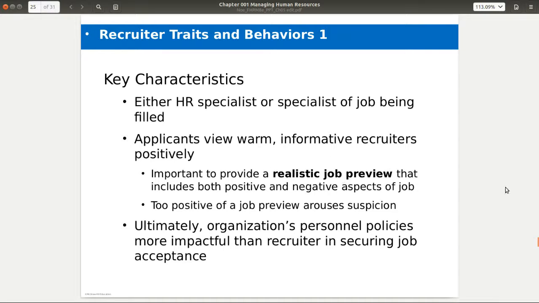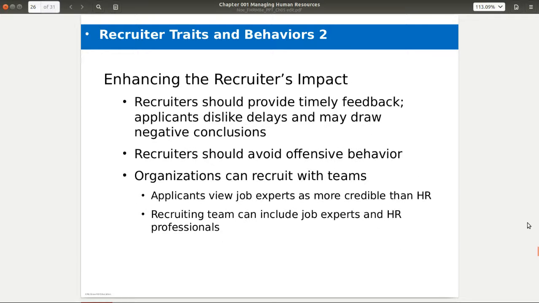You don't want to sell somebody a bill of goods, all right? So they need to be realistic, however, upbeat about the organization. They need to understand the personnel policies and things that go along with it so they can explain to someone, here's what this organization is about. This is how you're going to be treated. Here are the benefits, things like this.